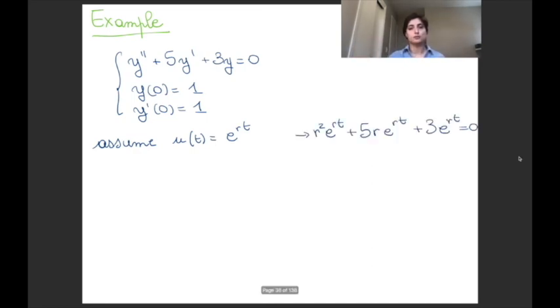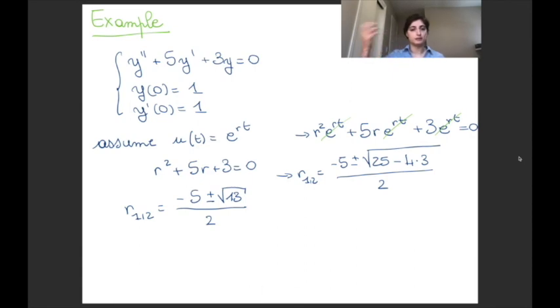That allows us to write the characteristic equation, that is r squared exponential of rt plus 5r exponential of rt plus 3 exponential of rt. We get rid of the exponentials, and we have the characteristic equation being r squared plus 5r plus 3 equal to 0. Second order algebraic equation. We can solve it.